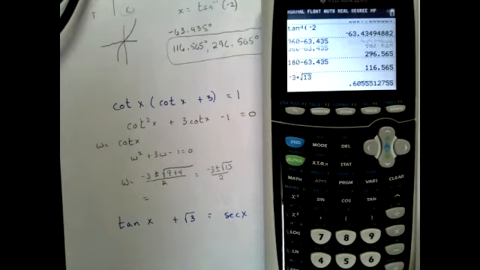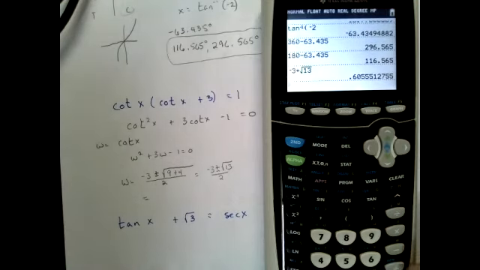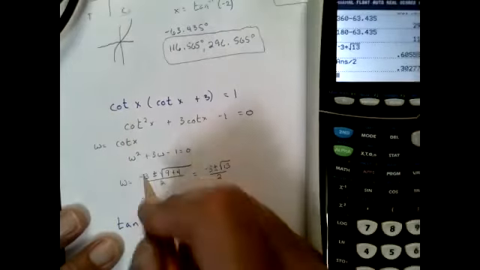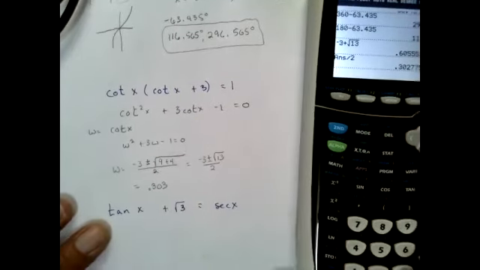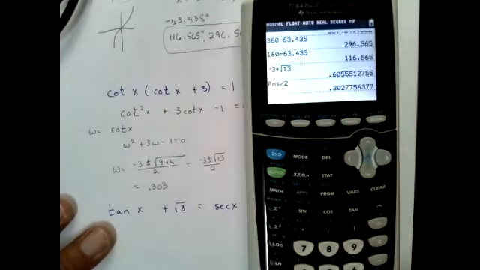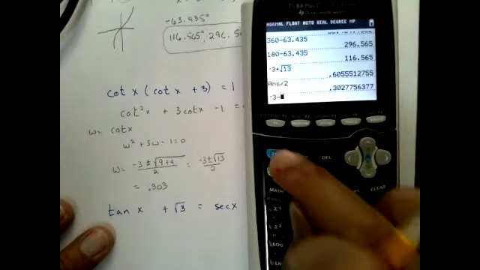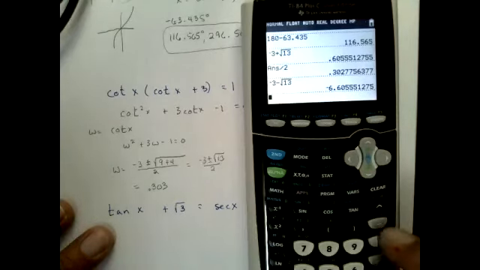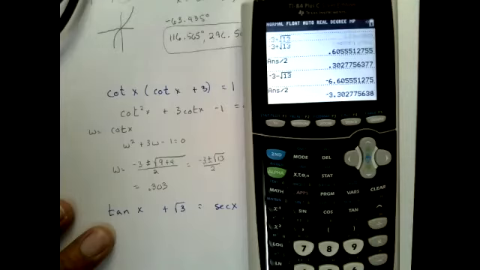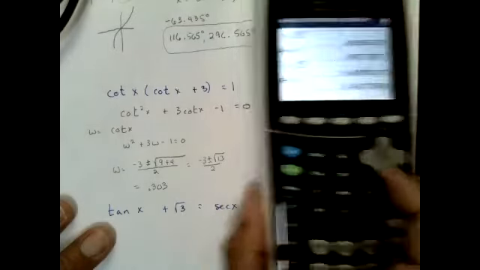I hit enter, and now I divide that by 2. One answer is 0.303. Still with me? Now negative 3, this time minus the square root of 13. Get out of there. Divide that by 2. I get negative 3.302.